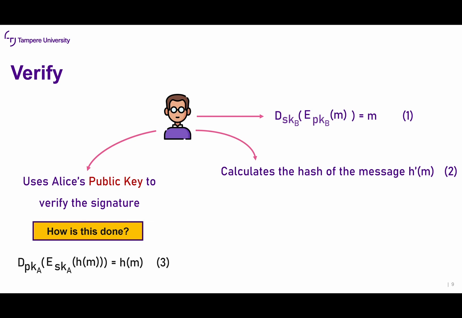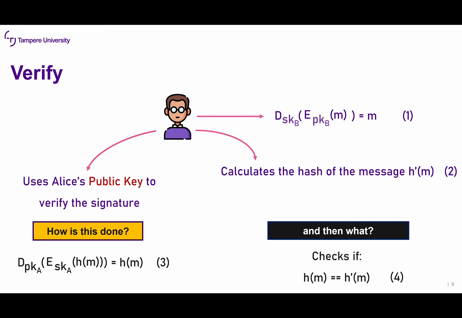Then we have the last step of the verification algorithm, where Bob checks if the two hashes, H of M from step 3 and H prime of M from step 2, the hash that he calculated on his own, are equal.